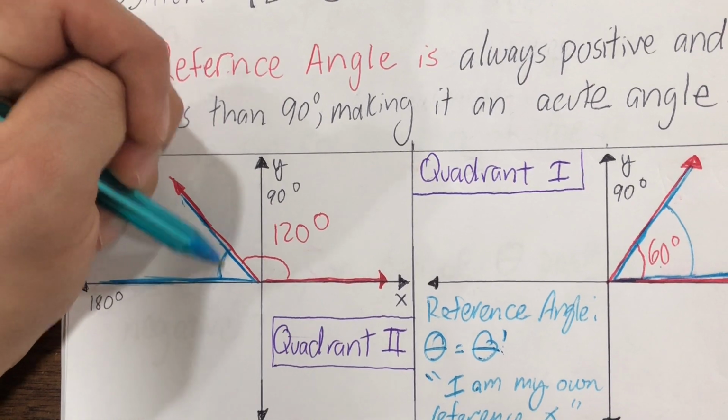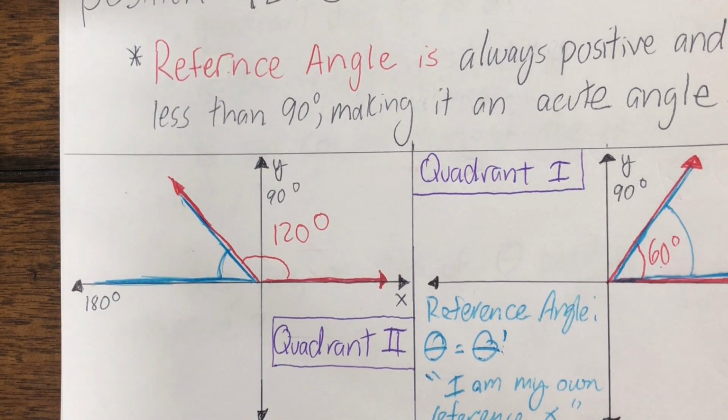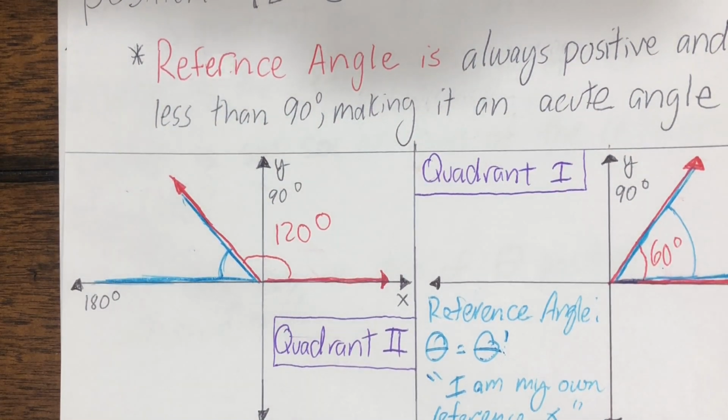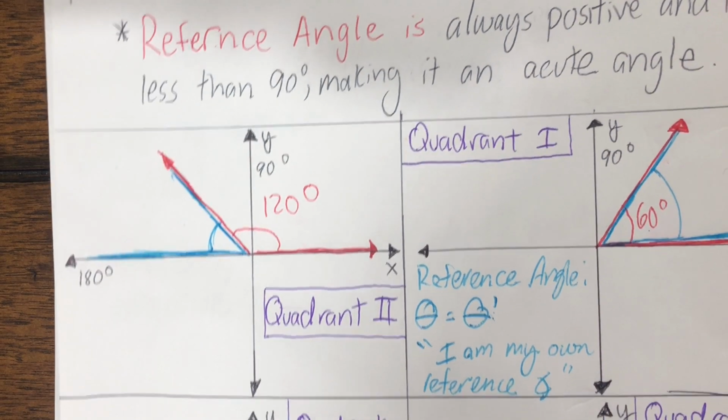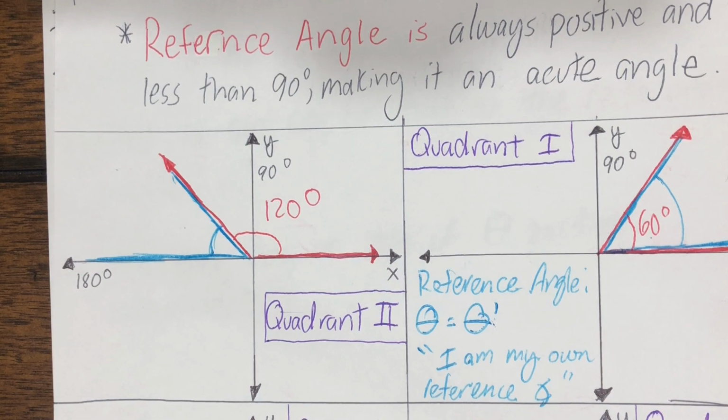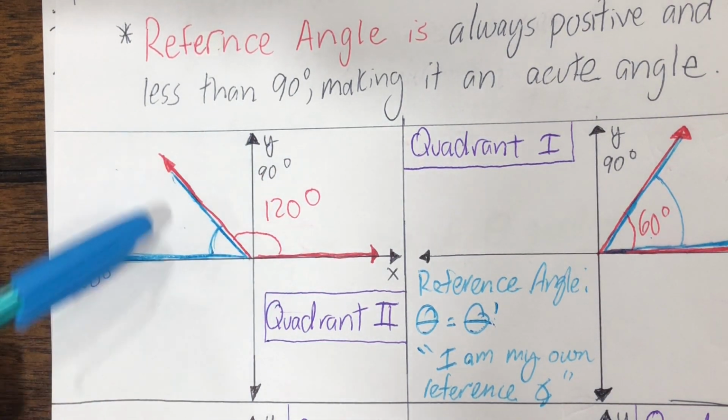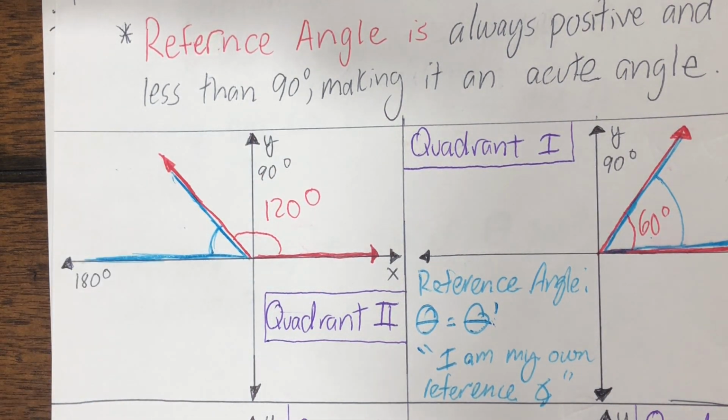So I need to figure out what the reference angle is for this one. How do I calculate my reference angle in quadrant 2? Now, I almost have half a circle with the reference angle. So to figure out this missing measurement, I can take my half circle, which is 180, and subtract 120 degrees.